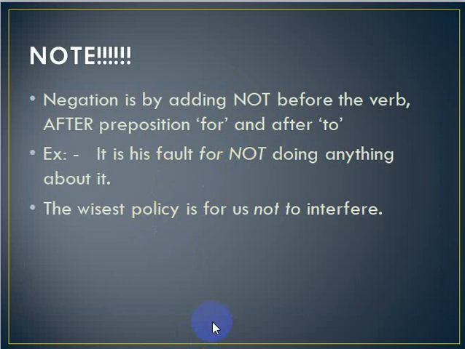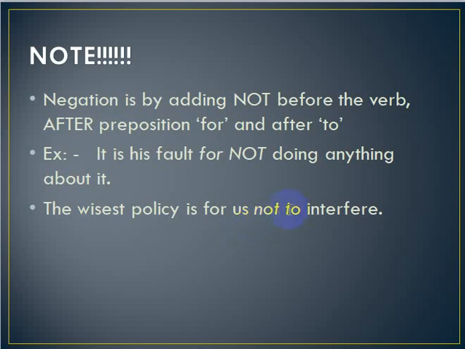Now, the second example is the wisest policy. The wisest policy is for us not to interfere. Again, for us not to interfere. Now here, to is not a preposition.